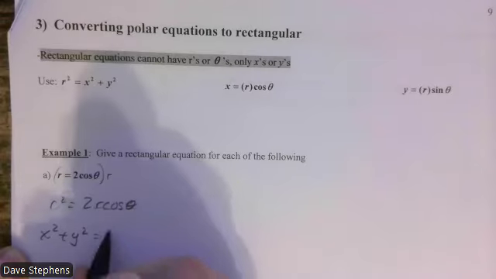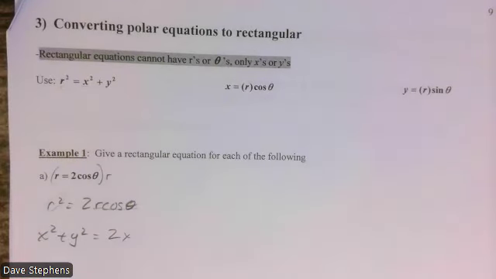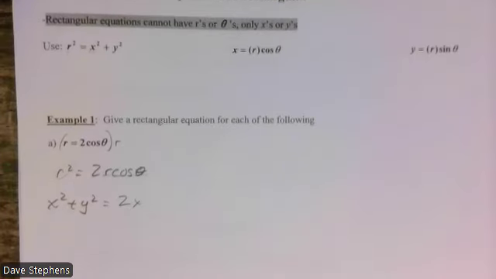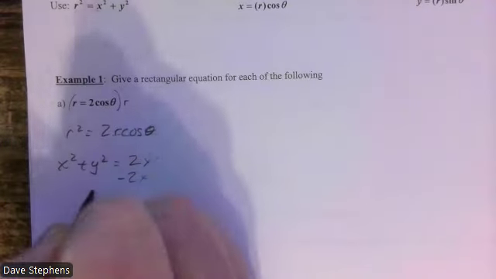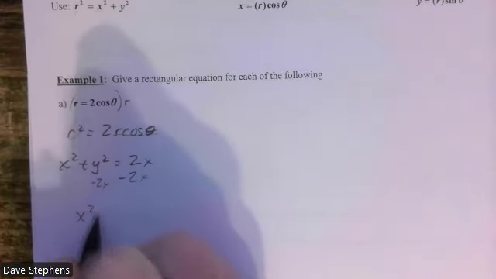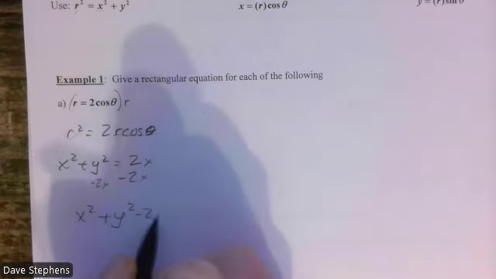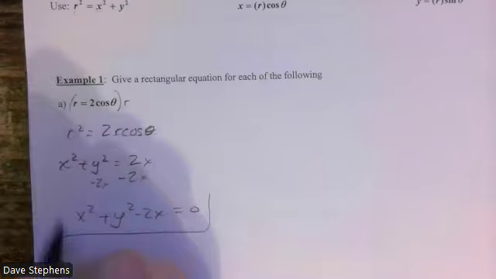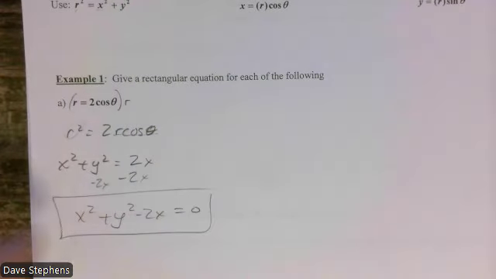So then on the right side, I get 2x. And they want these rectangular equations all set equal to 0. So we subtract the 2x, and we get our final equation, x squared plus y squared minus 2x equals 0. And that is the equation that they're looking for.